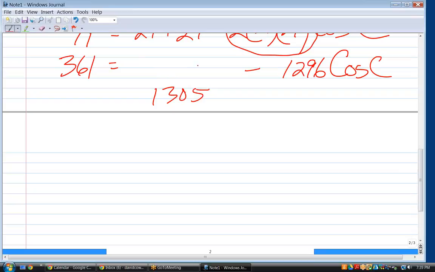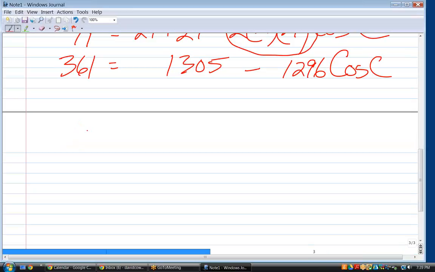So subtract that number from both sides. What do you get on the left? Negative 944. Next step.